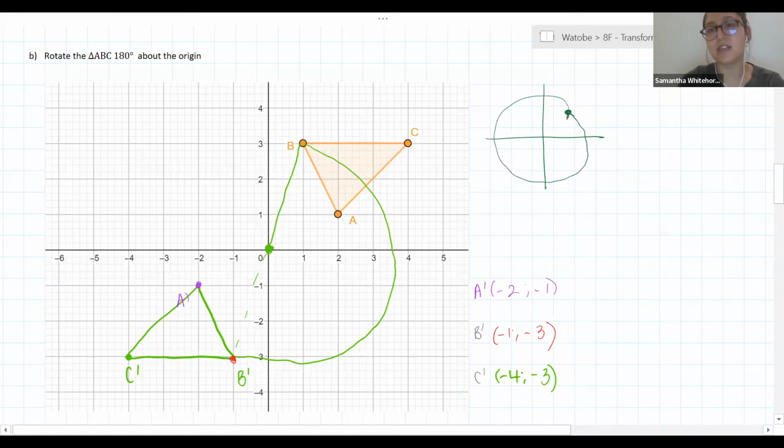So you actually end up at that point anyways. And so nothing would change in terms of the coordinates if you were to go a full circle. It is something to bear in mind. It's not really something that gets asked a whole lot, but just so that you know, if you ever are asked something to do with a rotation of 360 degrees, you know what it means and what your resultant image would be.